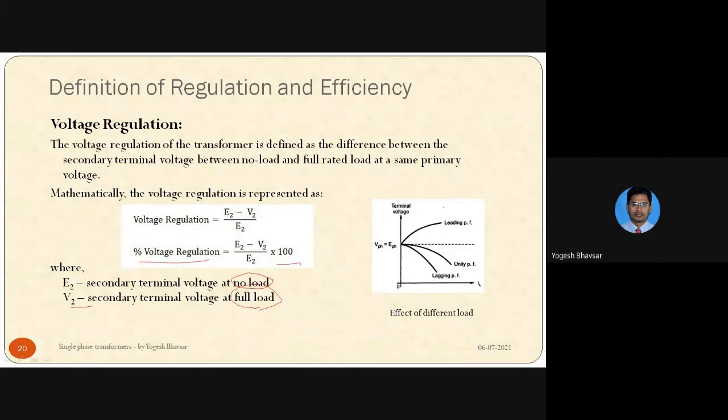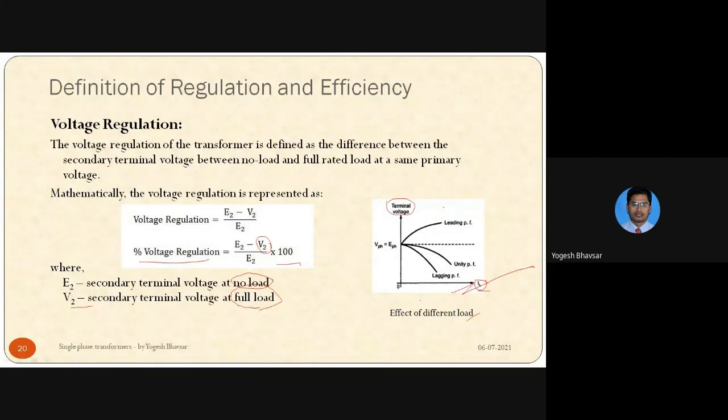Now, by looking at this curve of the effect of different loads on the voltage regulation, we will come to know what will happen to the transformer secondary voltage. Look at that. This is the load current IL. It depends on the load that we have connected on the secondary of the transformer, and this is the terminal voltage V2, the secondary terminal voltage, versus load current.